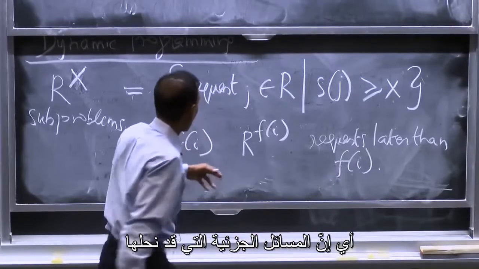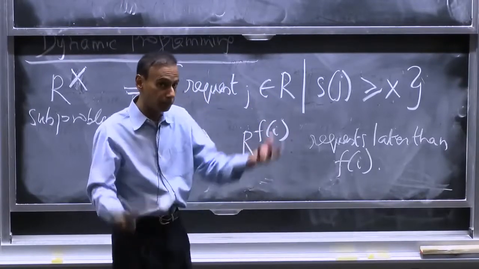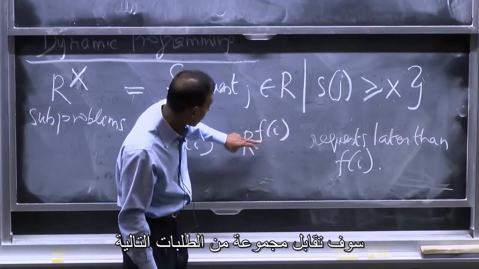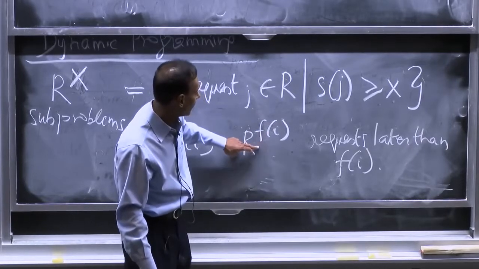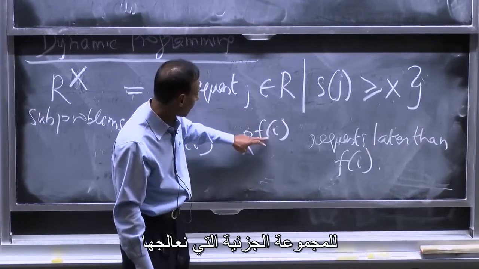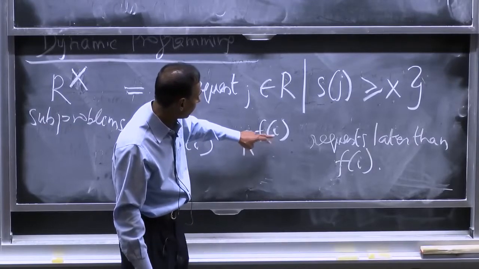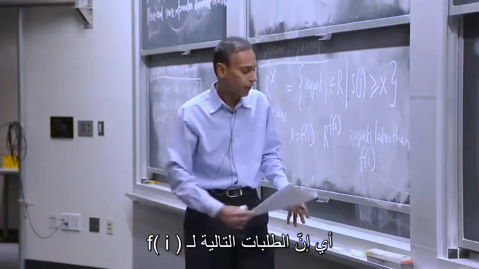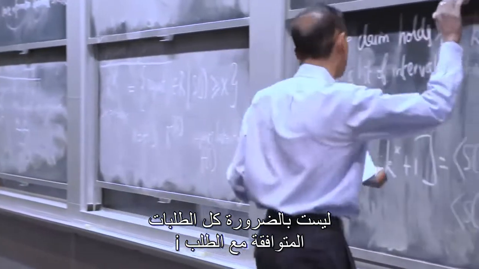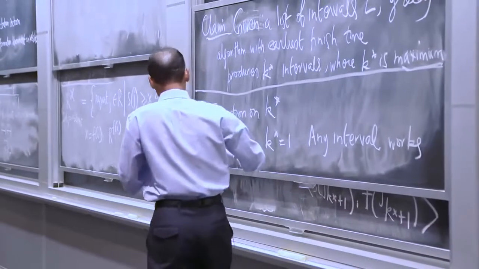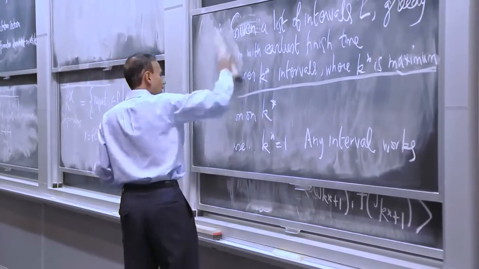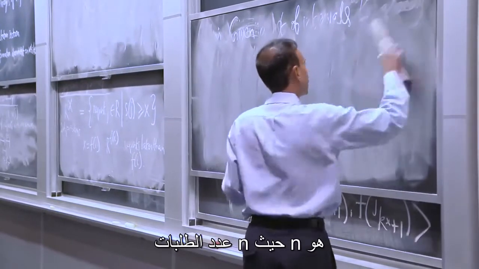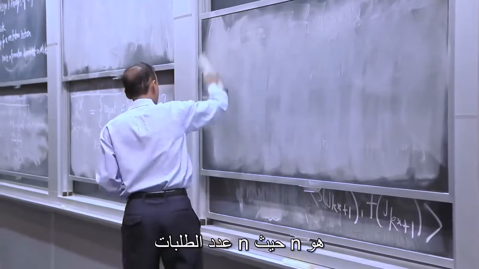And so the subproblems that we will actually solve, potentially bottom up if we are doing recursion, are going to correspond to a set of requests that come later than the particular subset that we're looking at, which is defined by a particular interval. All right? So requests that are later than f of I, not necessarily all of the requests that are compatible with the ith request. And so if you do that, then the number of subproblems here are small n, where n is the number of requests.